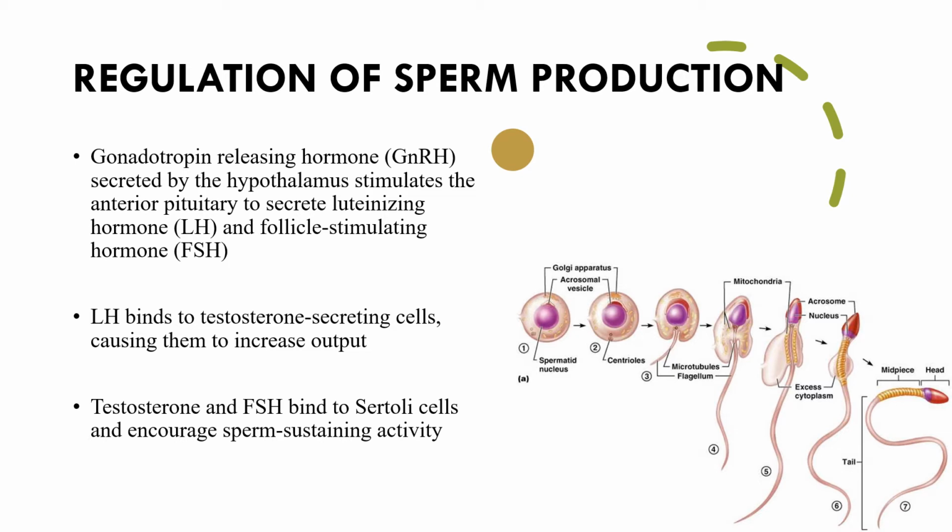The luteinizing hormone binds to the testosterone-secreting cells, causing them to increase their output, and testosterone and follicle stimulating hormone bind to the Sertoli cells and encourage sperm-sustaining activity. In here you will see how the sperm looks from the beginning up to the end.